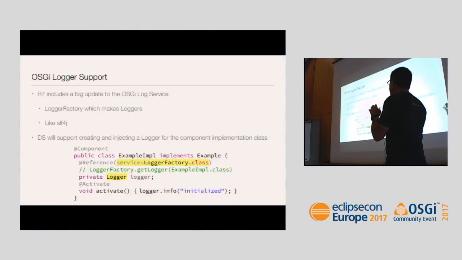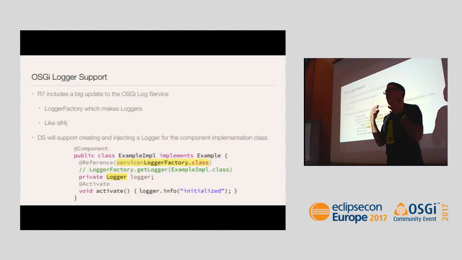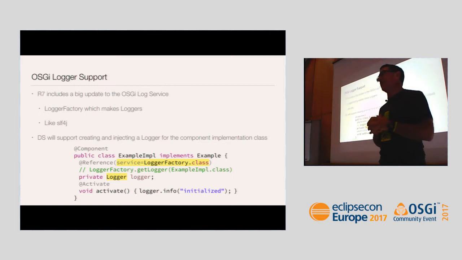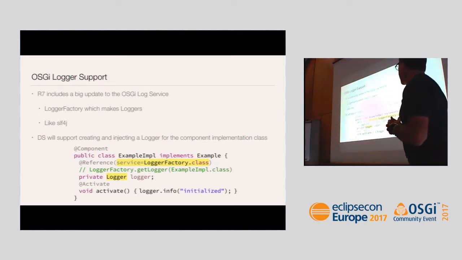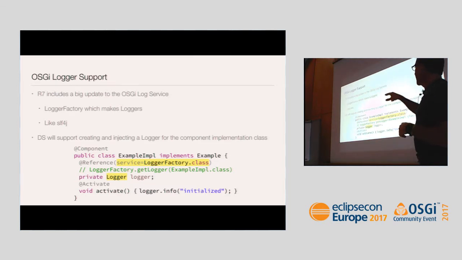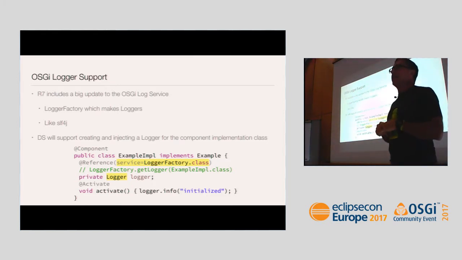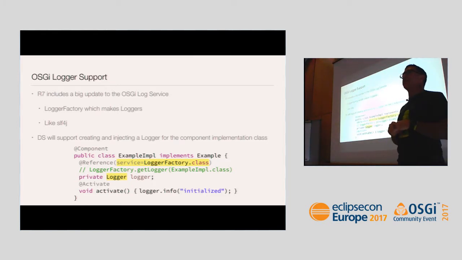So we have special support in Declarative Services for this new logger stuff. Using field injection, which is probably the most obvious way you'd want to do it, you declare a field of type Logger, which is what you're going to want to log with. Then if you annotate it with @Reference and the service LoggerFactory, Declarative Services will do the getLogger call for you as a service.